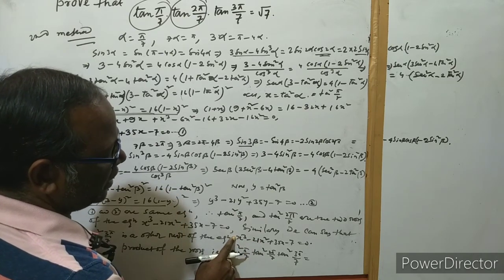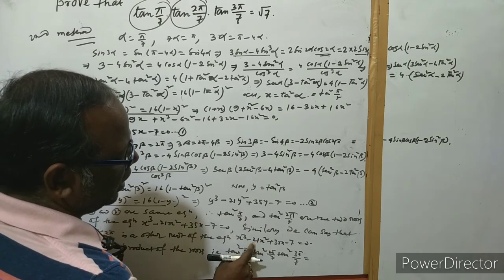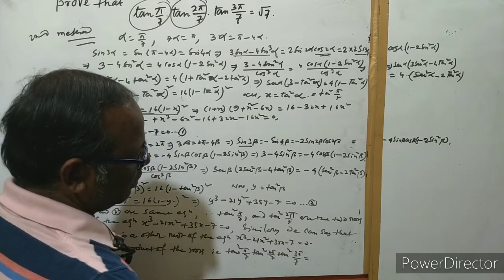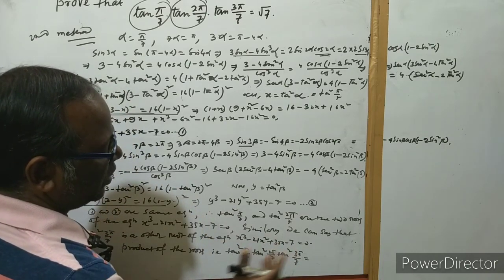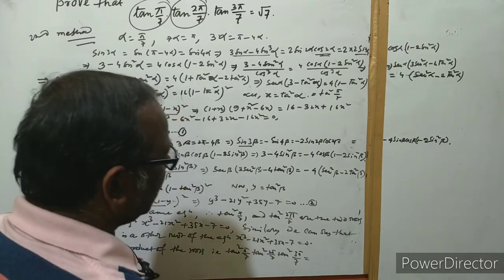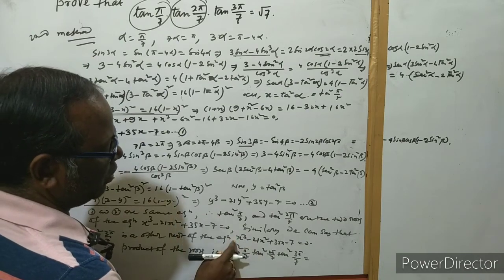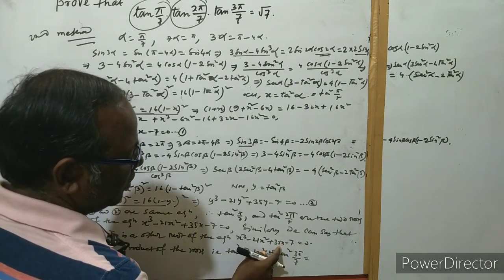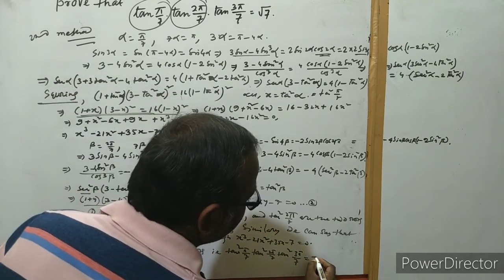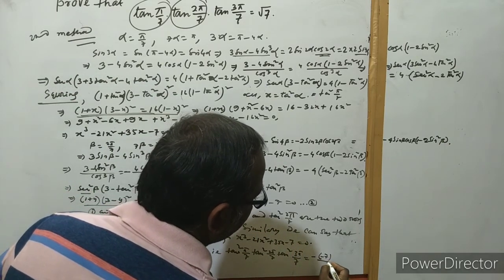Let us assume a0 is 1, a1 is minus 21, a2 is 35, a3 is minus 7. That is the sum of the roots, and the product of all the roots is minus a3 by a0, that is minus of minus 7 by 1 here.